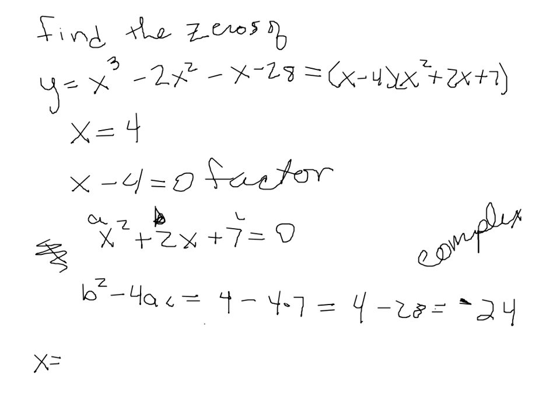So continuing on with the quadratic formula, I get minus b plus or minus the square root of the discriminant all over 2 times a.